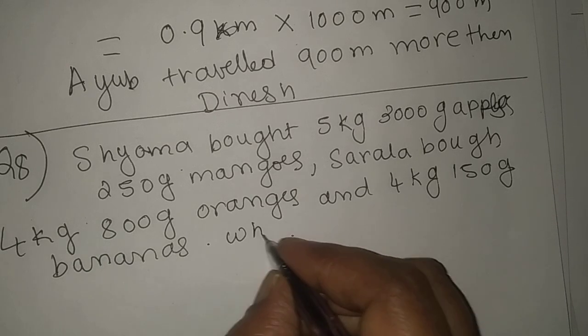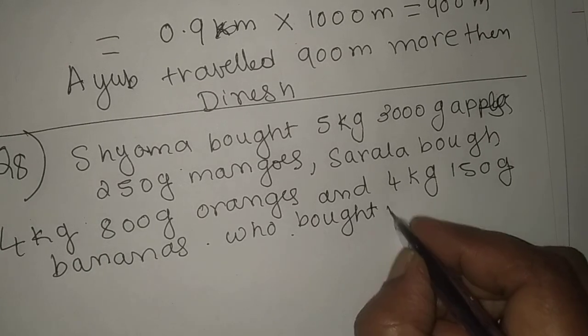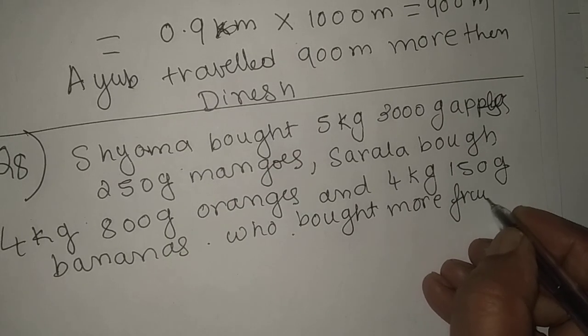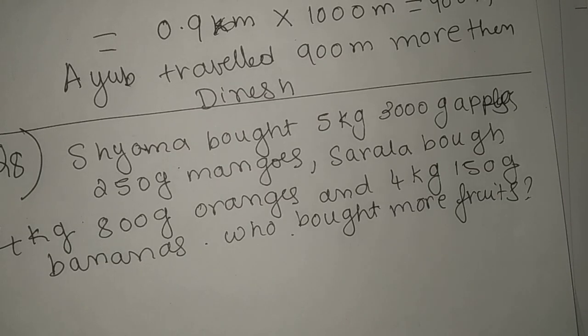Who bought more fruit? So there are two persons who are purchasing fruits. We have to find out who purchased more.